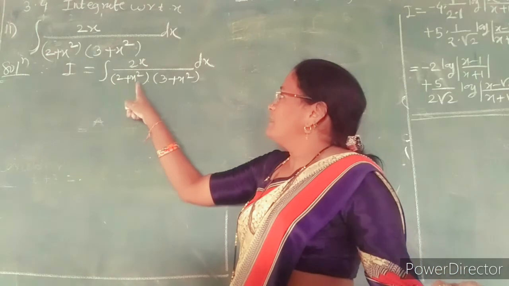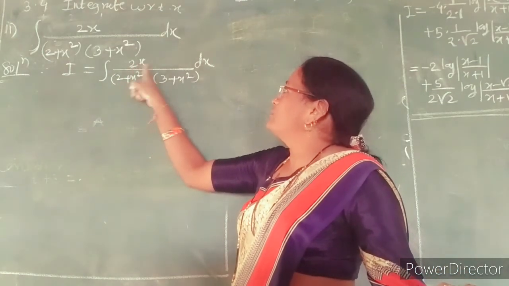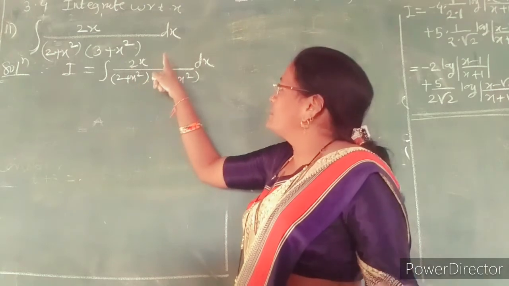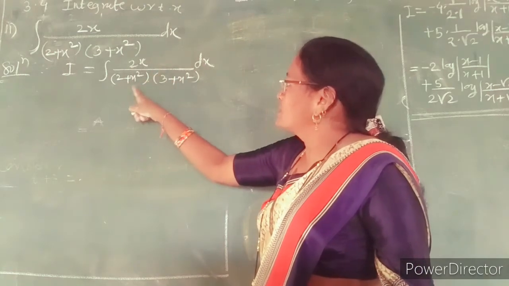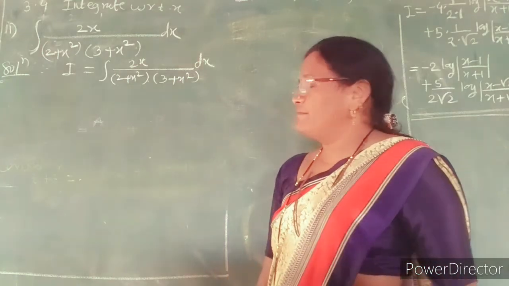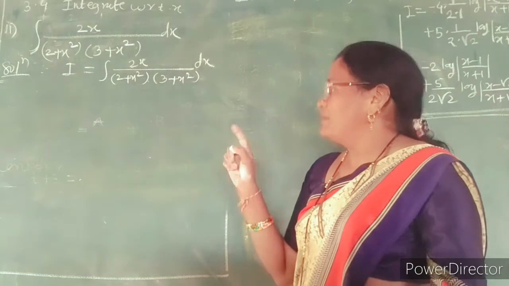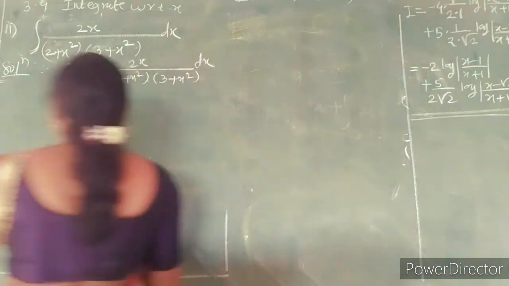As x square equals t, its derivative 2x dx becomes dt, so that factor becomes dt upon (2 plus t)(3 plus t). With the proper substitution with the derivative, we get the answer in terms of t, and that t can be replaced by x square at the last.